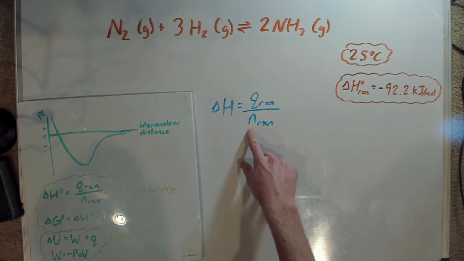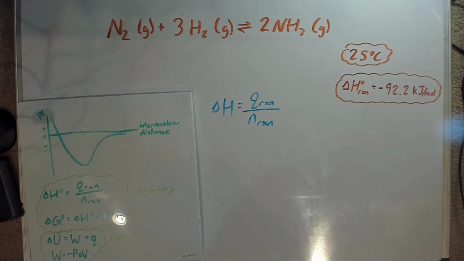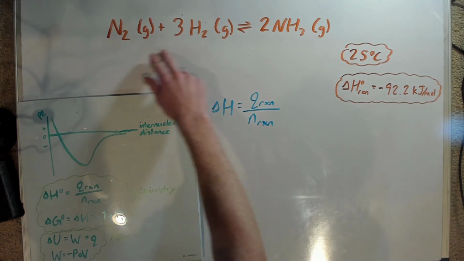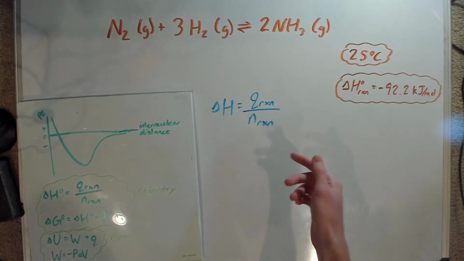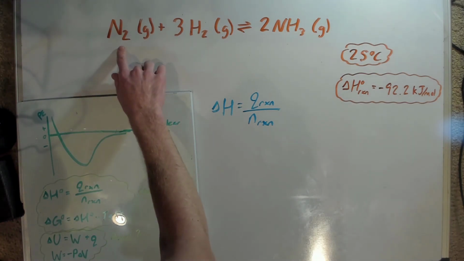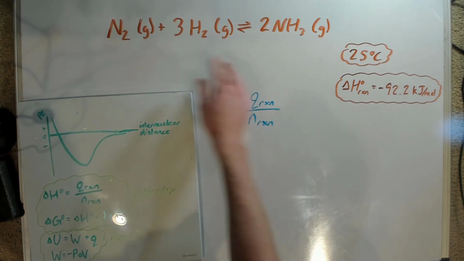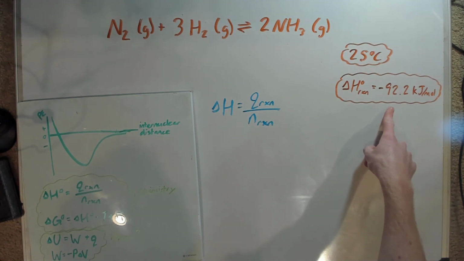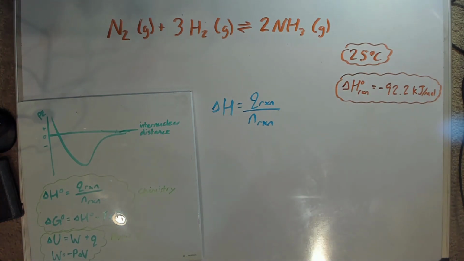And it would then be divided by the number of moles of the reaction to say that this is exactly how much energy is released by these molecules per mole. So if you have 1 mole of nitrogen and 3 moles of hydrogen, and you go forward all the way, that amount of energy will be released, 92.2 kilojoules.